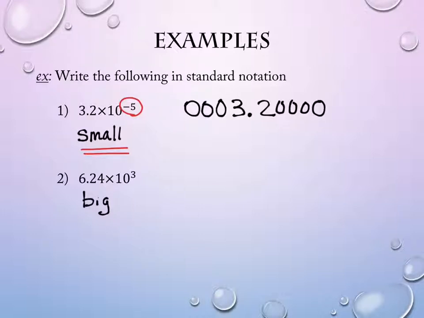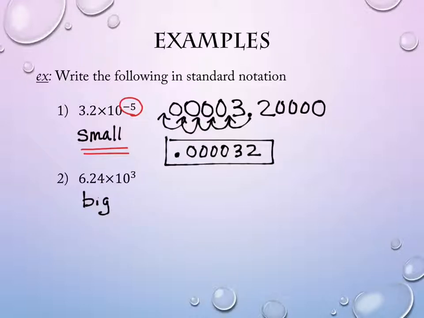So if I'm going to do a small number, which direction is that decimal going to move? It's going to move left. And it's going to move 5 places because it's the power 5. So here's 1, 2, 3, 4, 5. So I will have a decimal point, 4 zeros, and then 3, 2. The number's small, right? Very small.